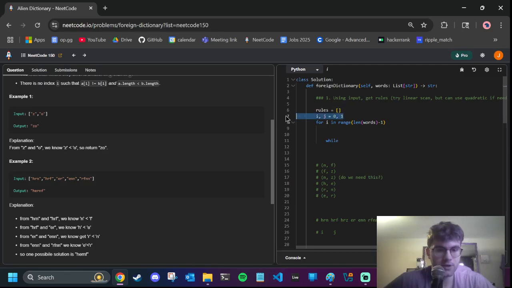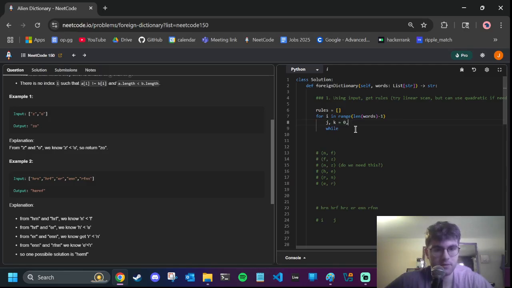Okay, and then we'll have j and k, which initially both get set to 0. So now we're looking at the individual letters. The first word is words of i, and the second word is words of i plus 1.